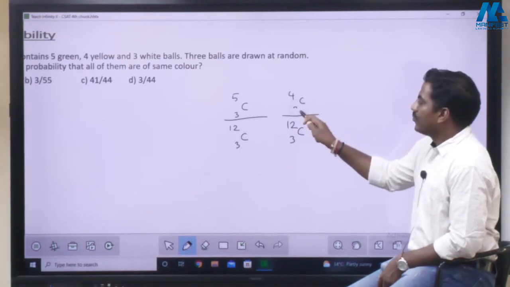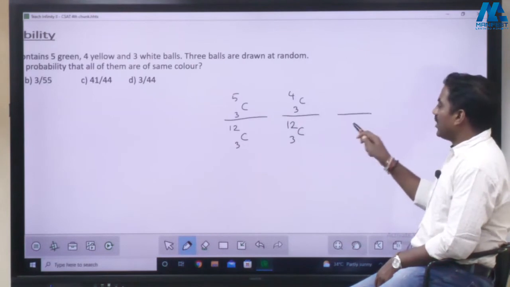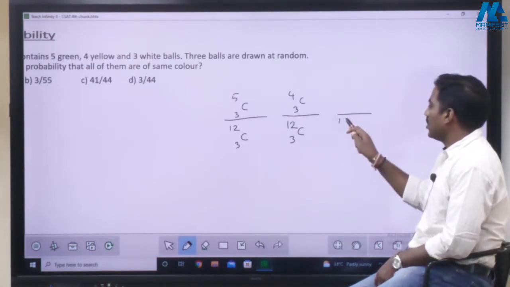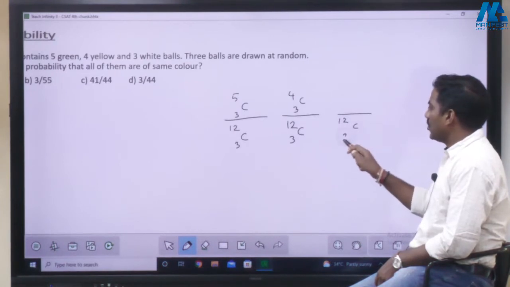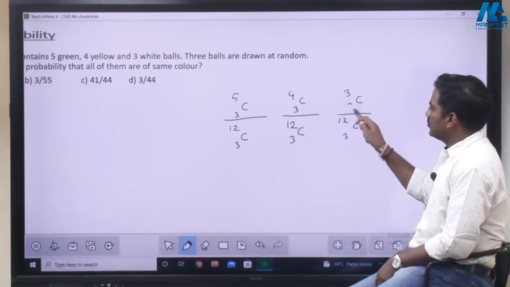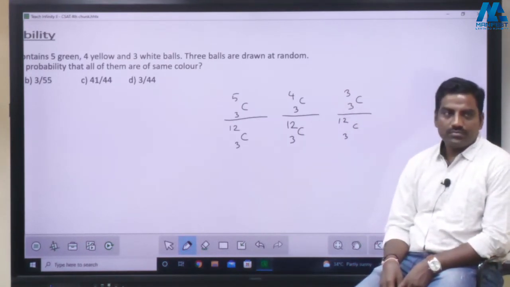4C3, then 12C3. This is for what? This is for yellow, done.